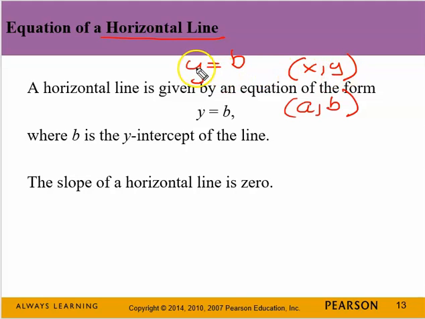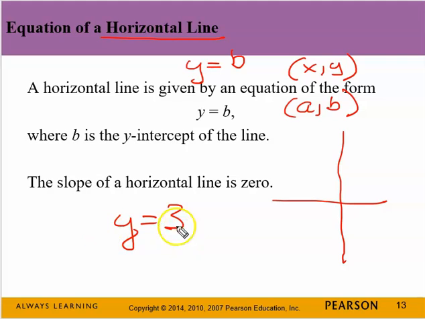So here we're saying for a horizontal line, y equals b. So it's going to be the y value as the intercept. And let's give an example of it too. It's probably best here. So we have y equals 3. Suppose that's our equation. So our b, and the ordered pair would be 2 comma 3 here.